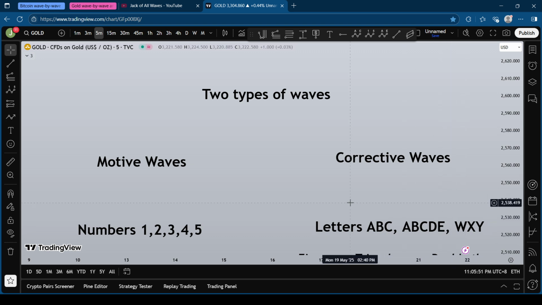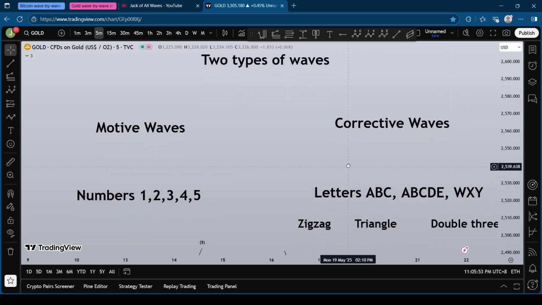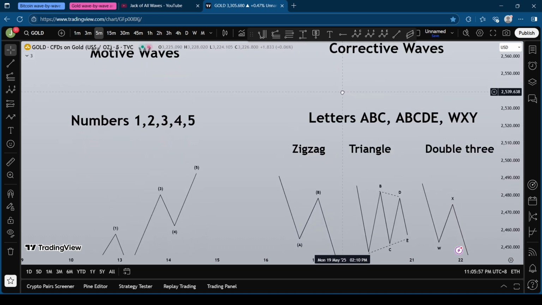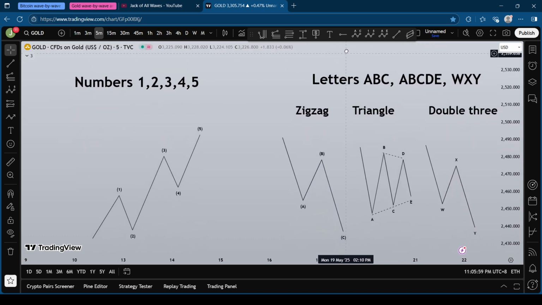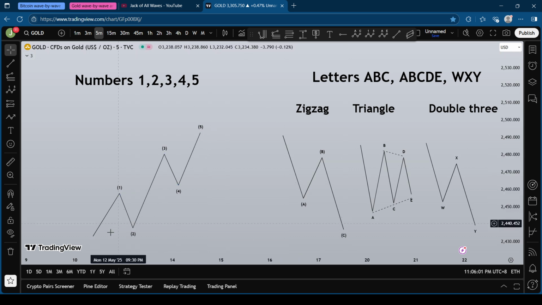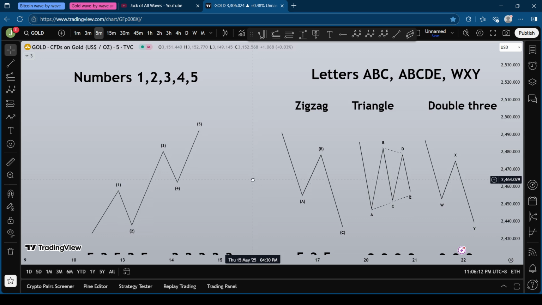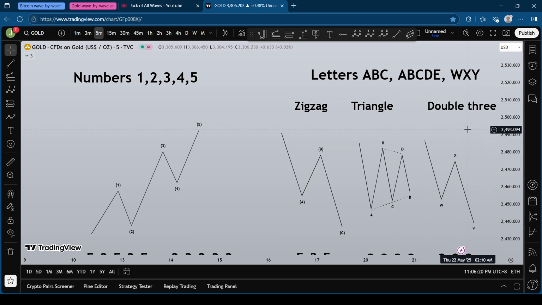Now, for the motive waves, here's the illustration of a motive wave: 1, 2, 3, 4, and 5. While for the corrective waves, these are the basic types of correction. It can be a zigzag, it can be a triangle, or it can be a double three.